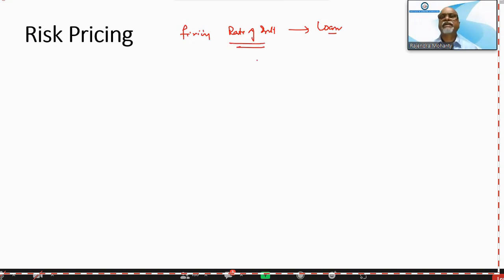What is the rate of interest we'll charge to the borrowers, who borrow money from us through a loan? How are we going to fix this interest? Does somebody know how the rate of interest of any loan is fixed by your bank? How is this created? What factors are taken into consideration for rate of interest calculation?